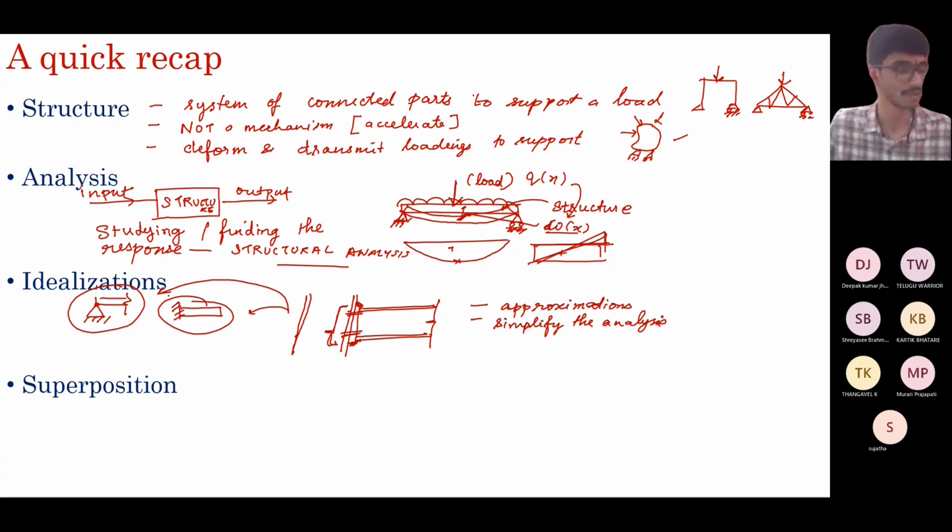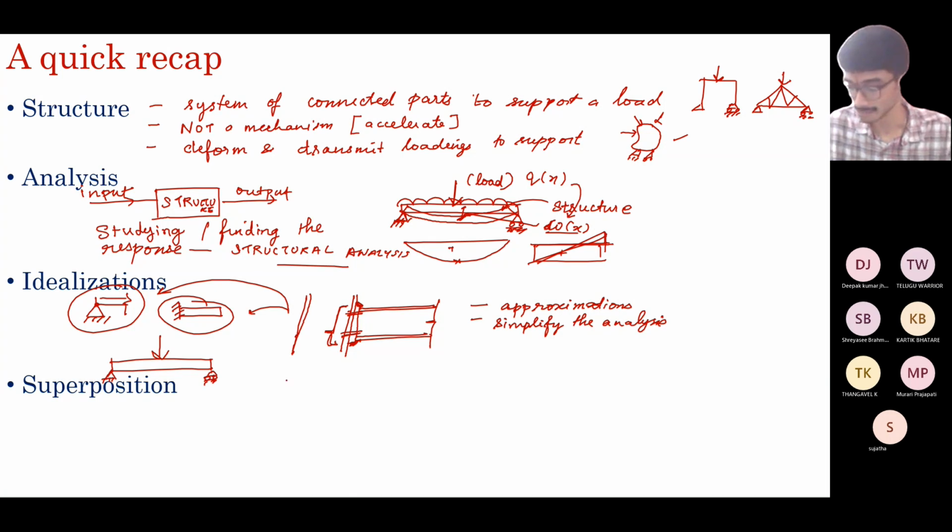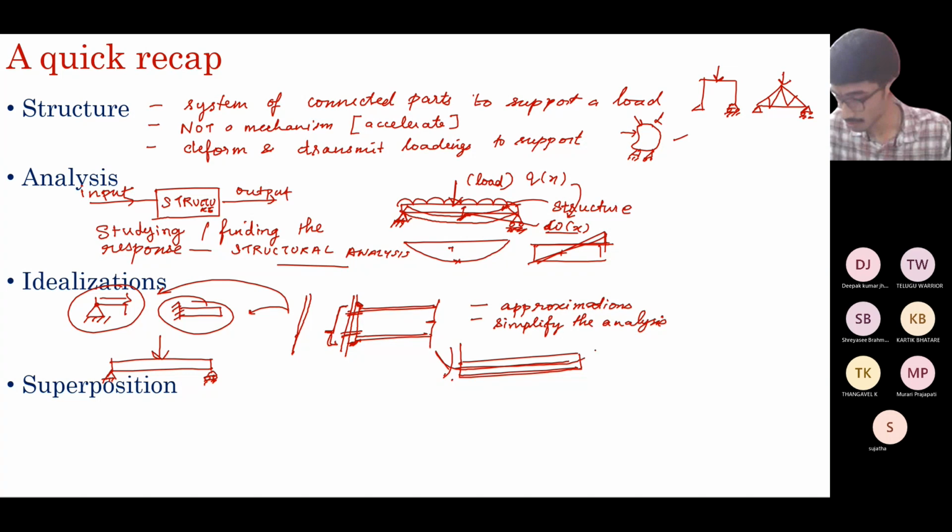What else are you aware of? You may also be aware of load idealization. If you take a simply supported beam, you apply a midpoint load. In reality, no load can act at a point like this. If it's a steel beam or a concrete beam, with some reinforcements and supported in some way, whatever load comes on it, suppose a person is standing, it will always be distributed over a small space.